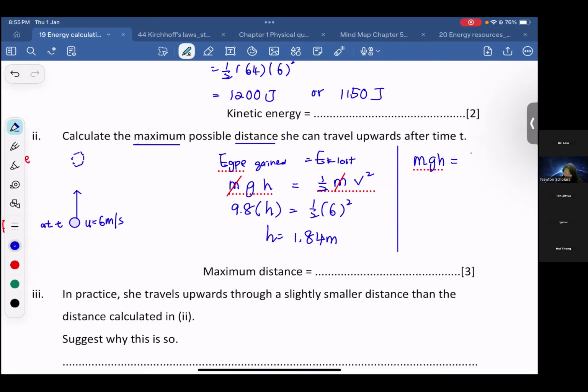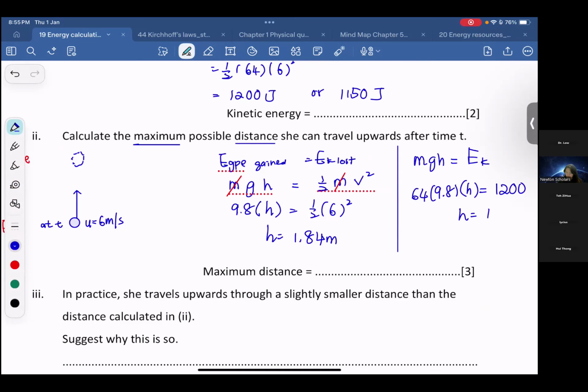So here is kinetic energy. So m is 64 times 9.8 times the h equals to this one. If you're using two significant figures, the answer will be slightly different. 1200 divided by 64 divided by 9.8.